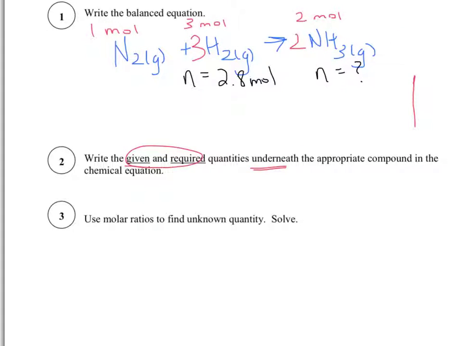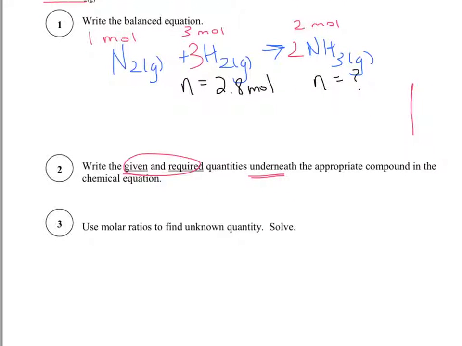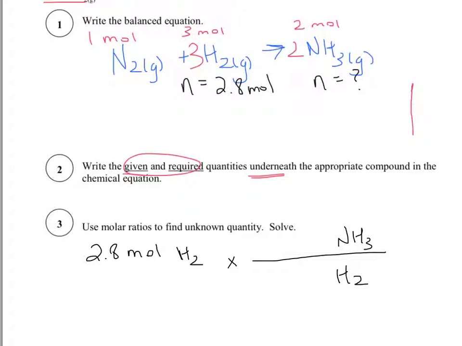Now we use molar ratios to find the unknown quantity, or in this case, the number of moles of NH3. So let's start. We've got 2.8 moles of H2, and I want to find out how much NH3, so using the factor label method, what I want goes on top, and what I have, or I'm trying to get rid of, goes on the bottom.